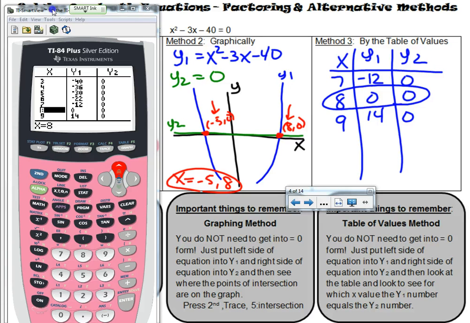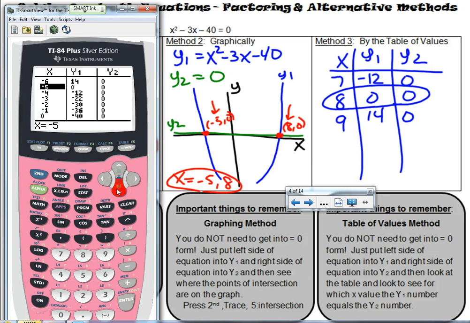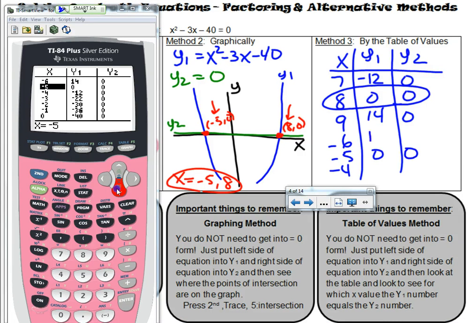And then I scroll to find the other one, which we know is at negative 5, so I'll just go there. So there's my match again, and you just put it in your table again, 6 total rows. And then just make sure you state the answers. X is either equal to 8 or negative 5.